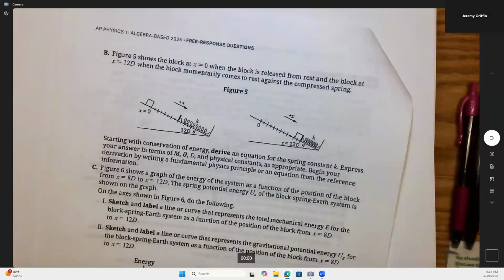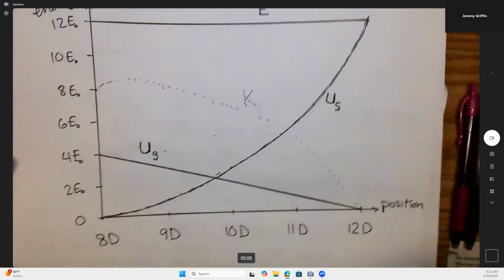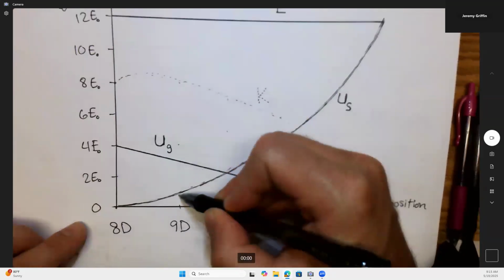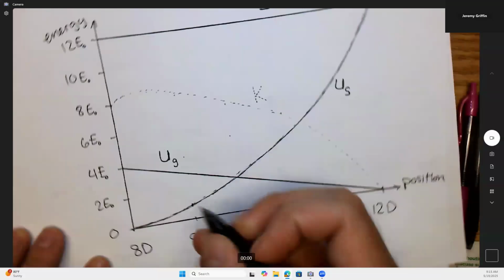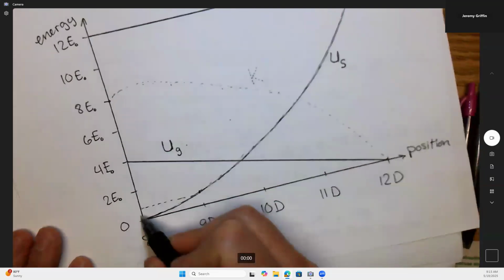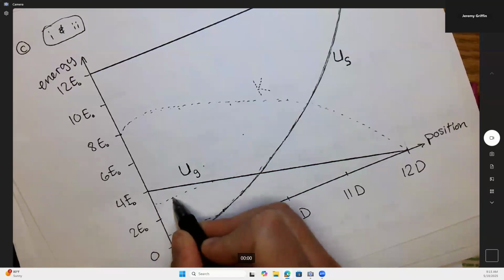I'm trying to really walk you through this thought process before I just show you the answer. At this 9D right here, I know that this is at like 0.75. So if I go straight across, this is at 0.75. But what about the gravitational potential energy?